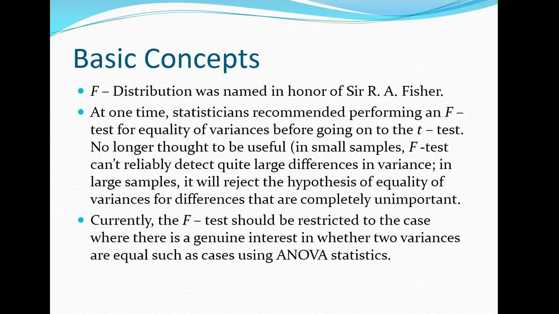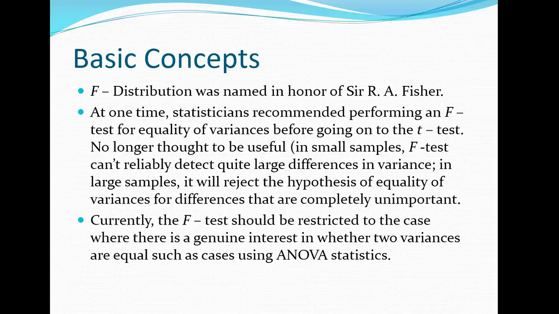And the history of the F statistics was that at one time, statisticians actually recommended performing an F test for the equality of the variances of the two normal populations before going on to the t-test statistics. Well, that is no longer thought to be useful in our current times.